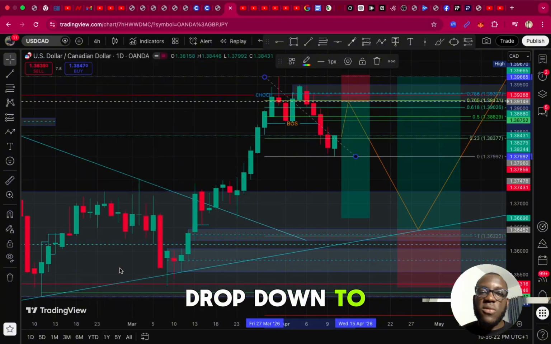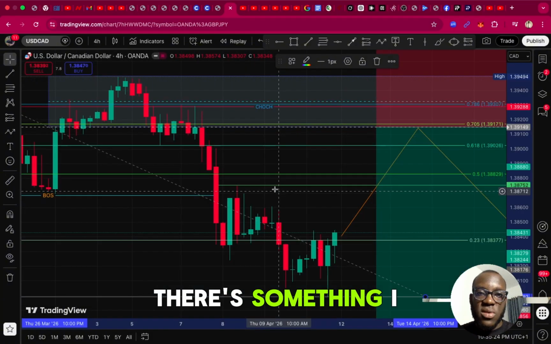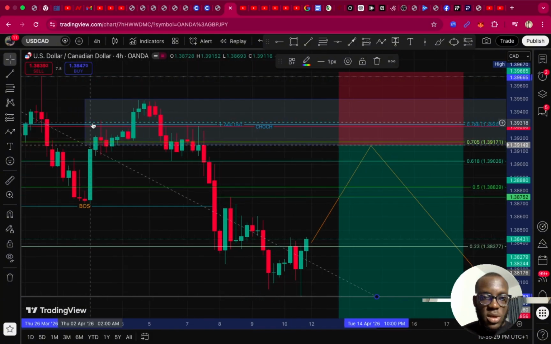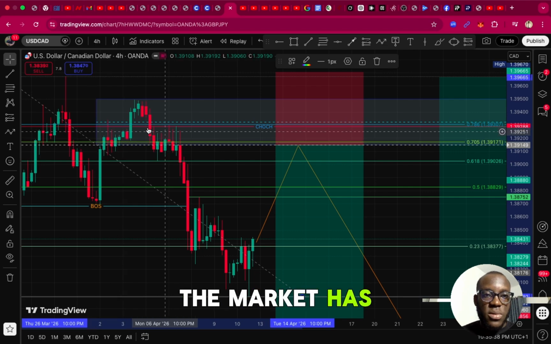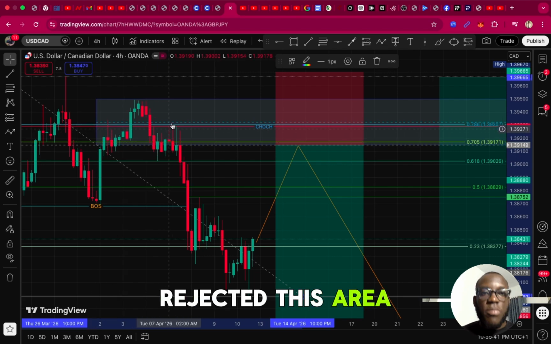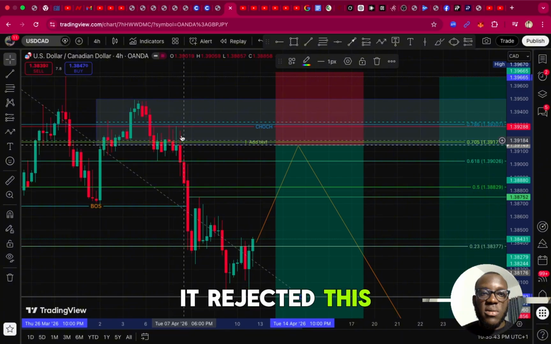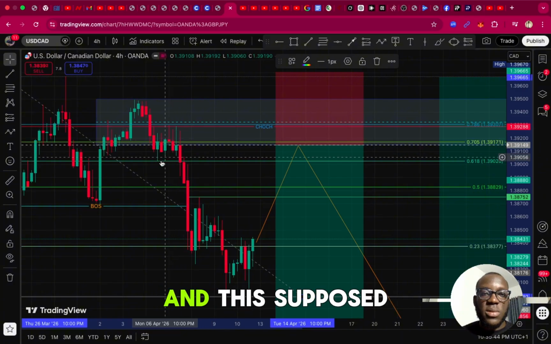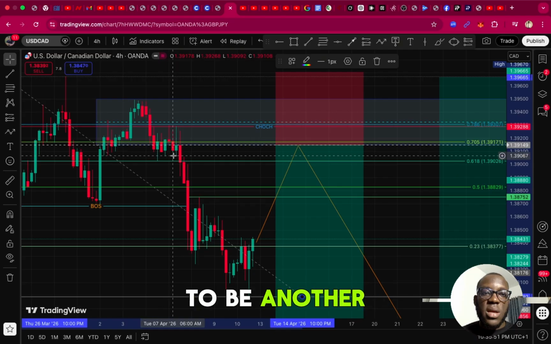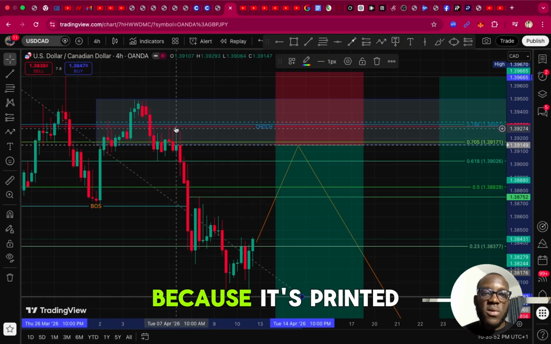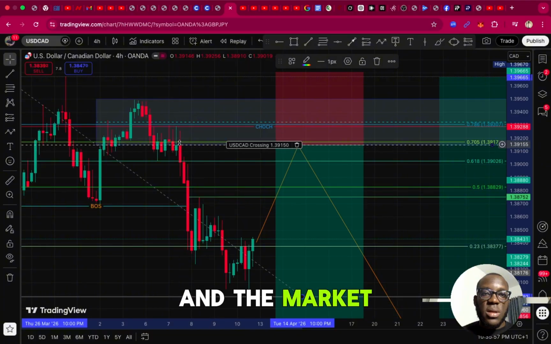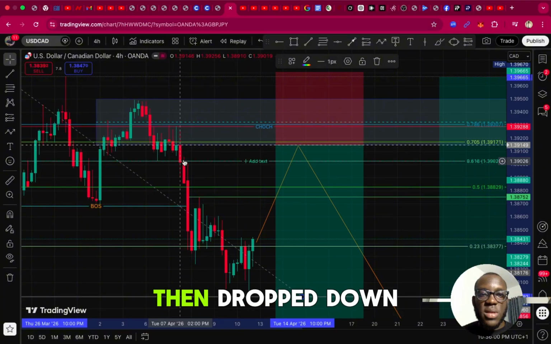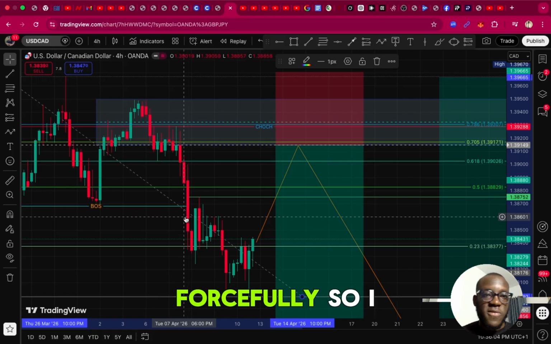So let me drop down to 4 hours and see if there's something that I need to find out. So it's possible the market has rejected this area multiple times. This is supposed to be another area of concern because it's printed a rejection and the market gave an impulse, then dropped down forcefully.